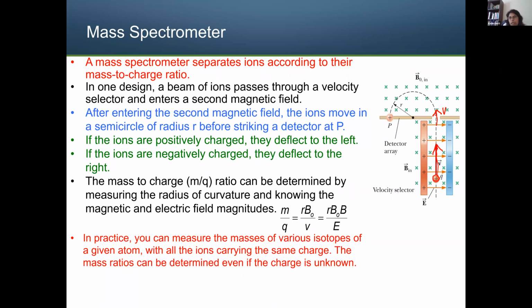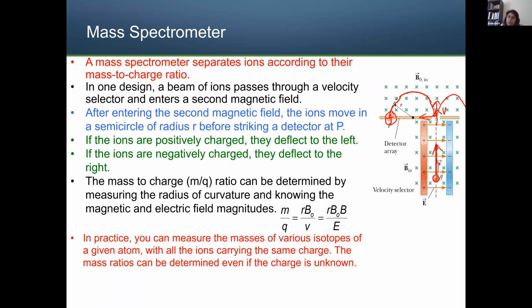When I have force in this direction and velocity in this direction, it will take a circular loop if it is a proton. If it is an electron, it will do exactly the same in the other direction. If it is a neutral atom, your particle just stays on the vertical line here. It is not bending. That's the main idea that we discussed so far, right?